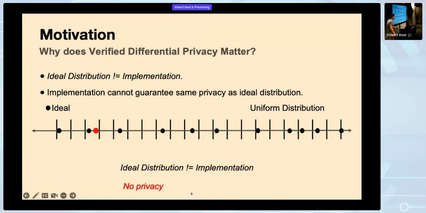If I just add this horrible red point right here, and we think about inverse transform sampling and pick this value of the uniform distribution, then we're always going to sample this first point, and we're never going to be able to sample this red point. So what does this mean? It means that our implementation actually has probability 0 of sampling that point. We have no privacy now. If you think of that ratio, if we consider these two neighboring queries, the numerator now might be 0. So this is a disaster, and we want to avoid this at all costs.